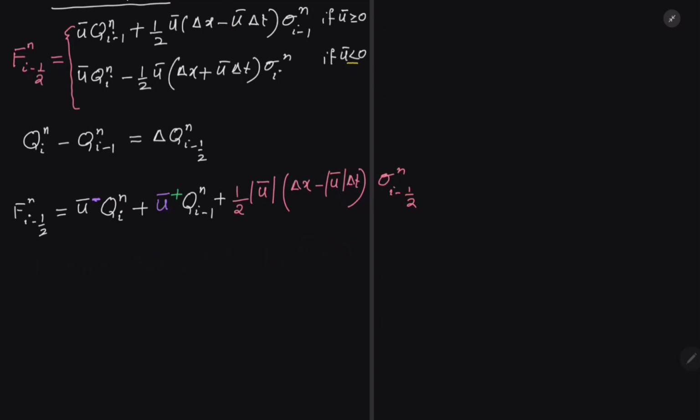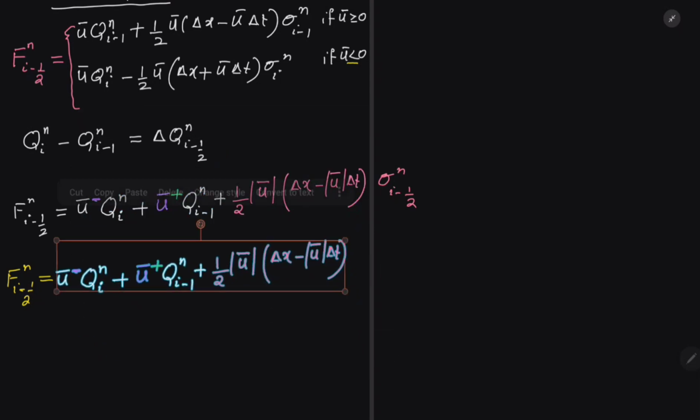I just need to modify that as well. We have fn I minus 1/2 equal to u bar negative. Maybe I just copy that since I require it over here.